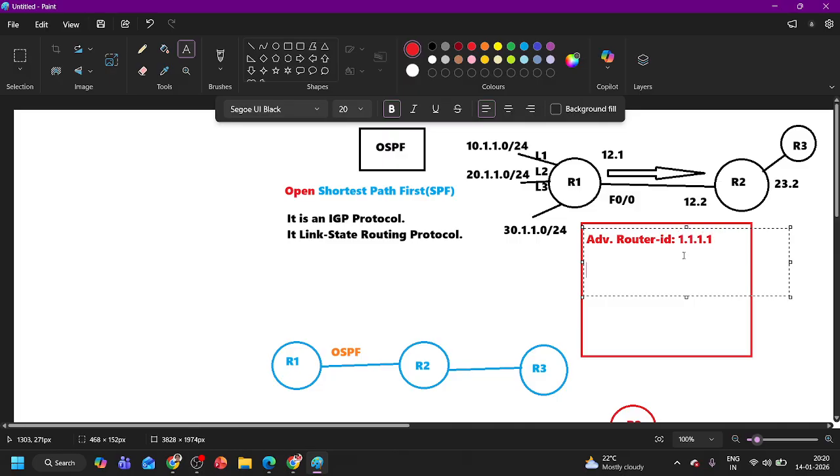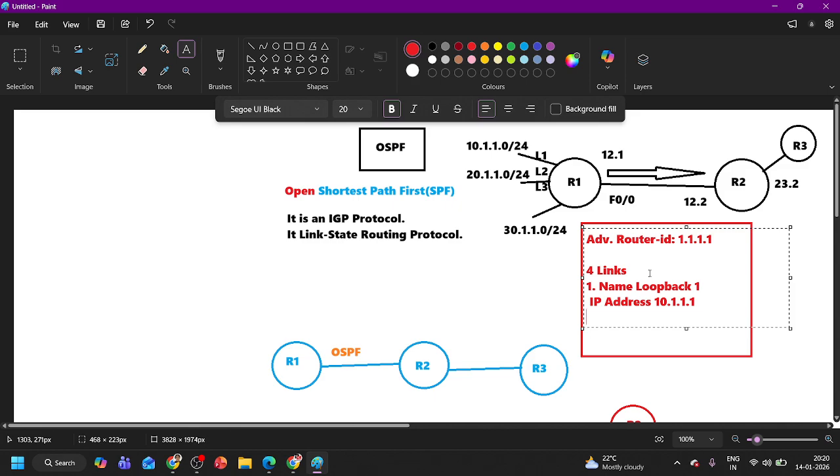Then router 1 is going to say how many links I have in total. In total I have 4 links. Then the state of each link: link number 1, name loopback interface, loopback 1, the IP address on this interface is 10.1.1.1, or network ID 10.1.1.0.